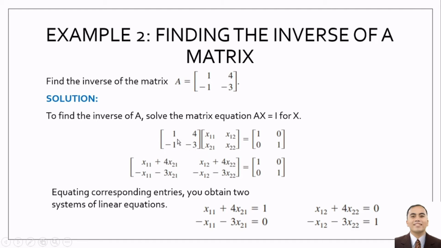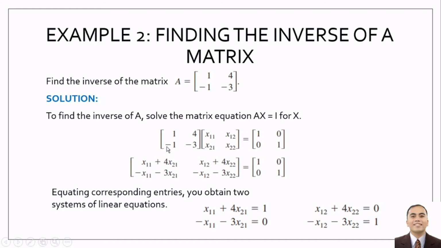Next is second row, first column. We have -1 times x11, which is negative x11, and -3 times x21, which is negative 3x21. Next is second row, second column.